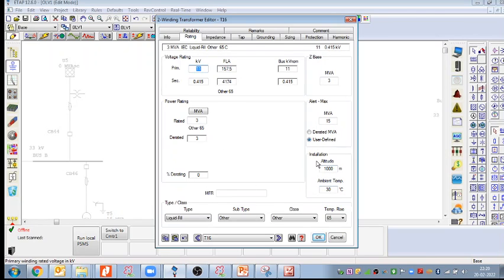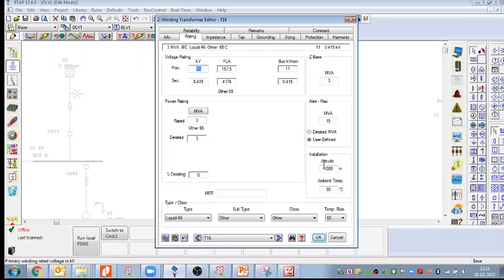If I change my equipment installation height, this 1000 meter is the height from the sea level, right? That is called the MSL, mean sea level height. Are you okay? What is the meaning of altitude? Altitude means installation height from the sea level. Every height is measured from the sea level.